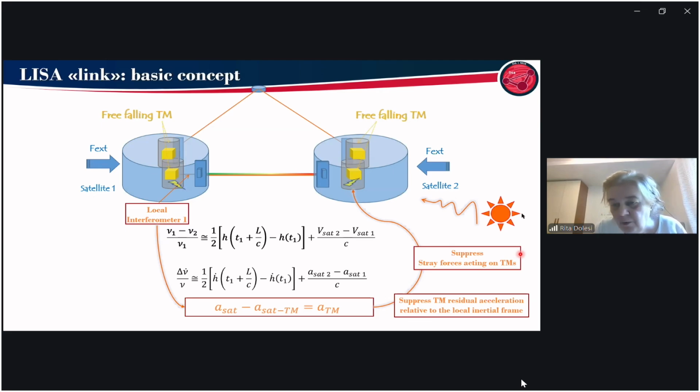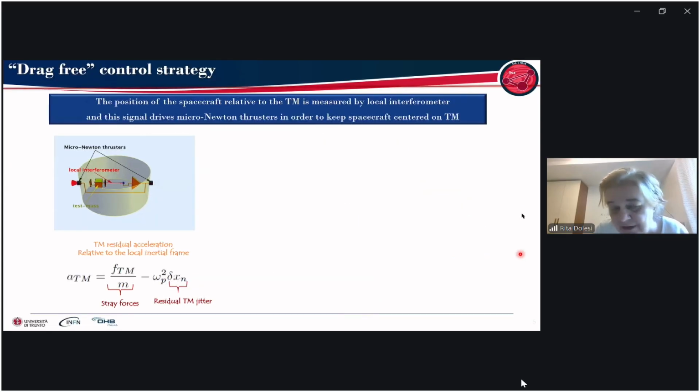In addition, we have to take care of the fact that the satellites are pushed by external forces and would hit the test mass. So this is the role of the so-called drag-free control strategy, where the position of the spacecraft relative to the test mass is measured by a local interferometer, and these signals drive thrusters in order to keep the spacecraft centered on the test mass.